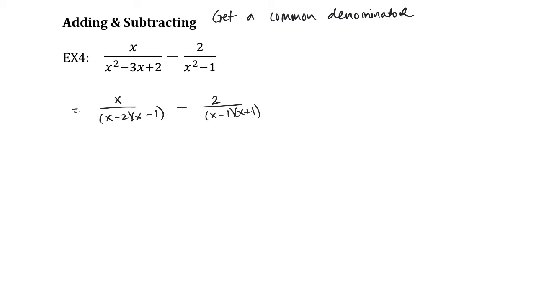Both of them have an x minus 1, but this one has an x plus 1, so we need a common denominator. We're going to give that first fraction an x plus 1, and this one doesn't have an x minus 2.